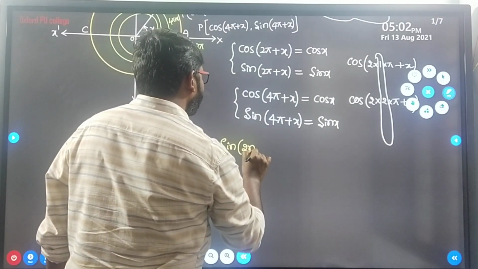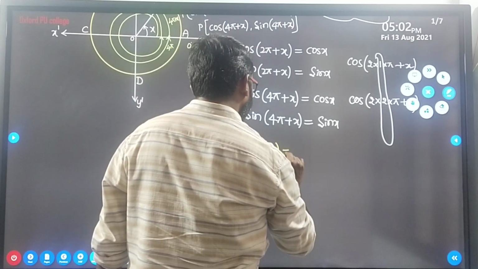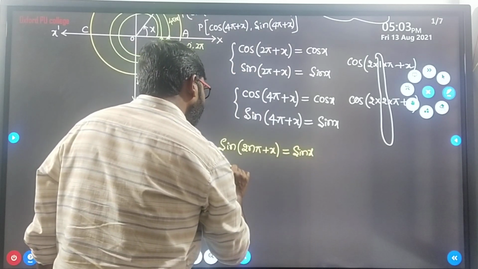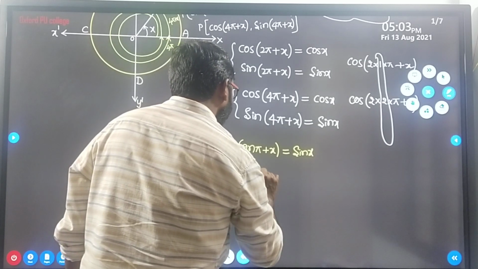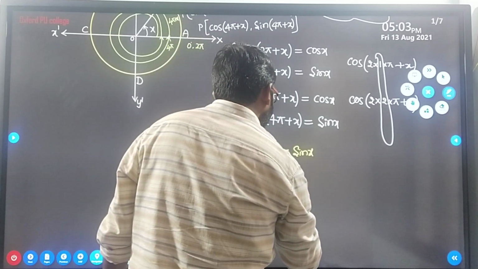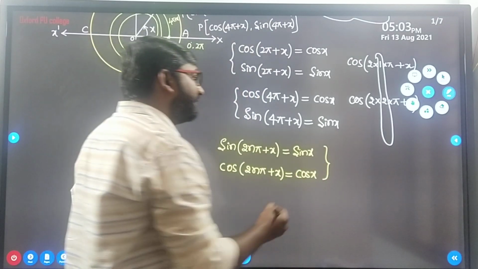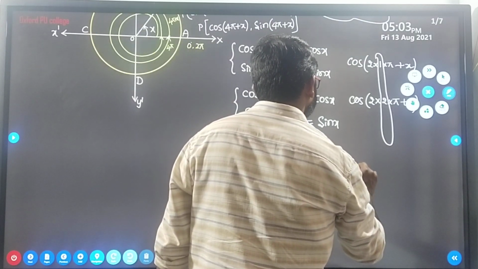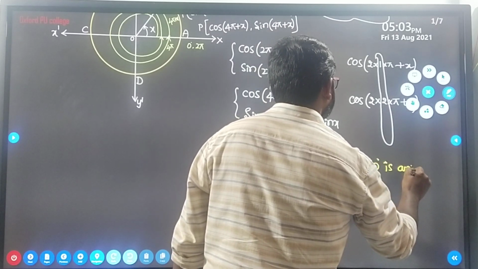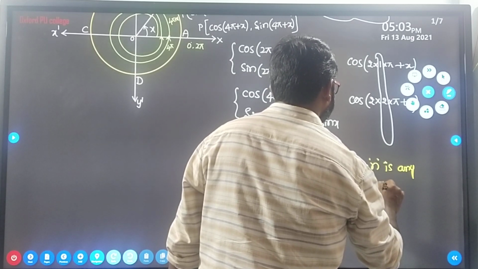Sin of 2n pi plus x is equal to sin x, and cos of 2n pi plus x is equal to cos x, where n is any integer.